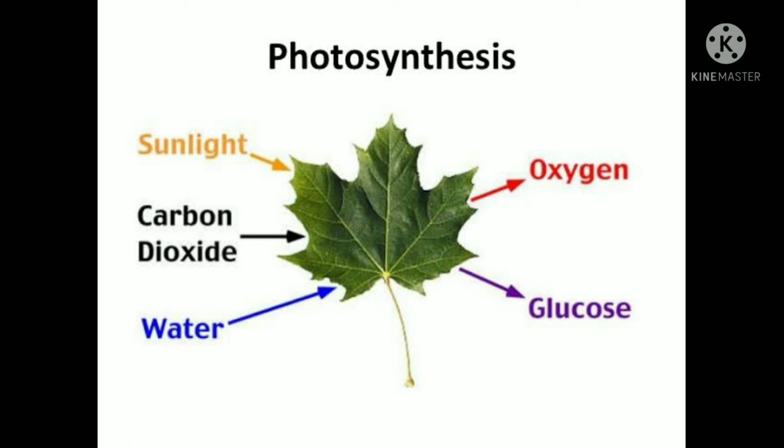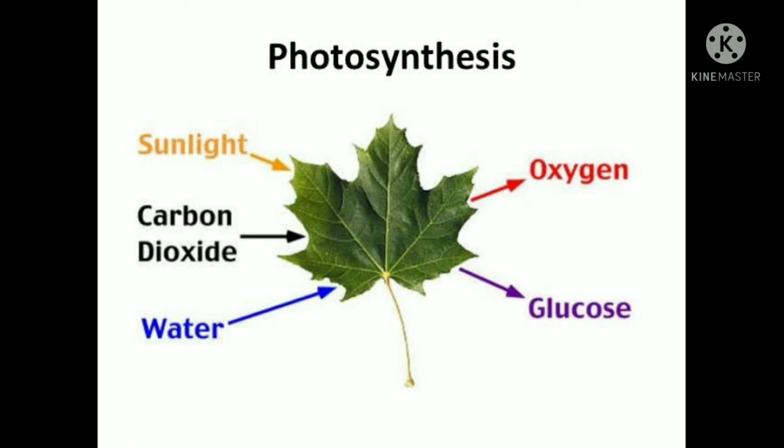So the photosynthesis process is playing a significant role in all the life processes. The importance of photosynthesis is that it is the only process by which green plants are able to convert sun energy, that is solar energy, into food for all the living organisms, and the food is glucose.